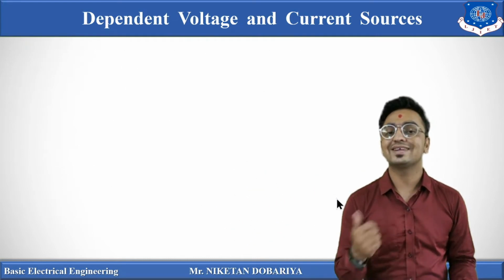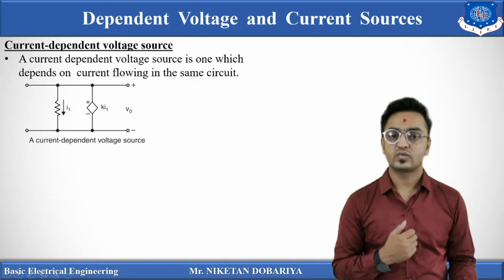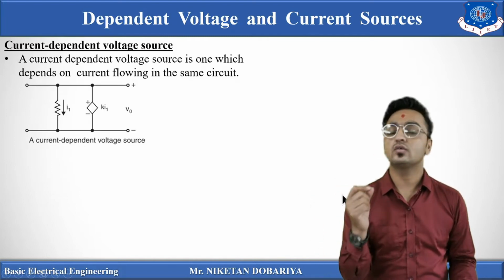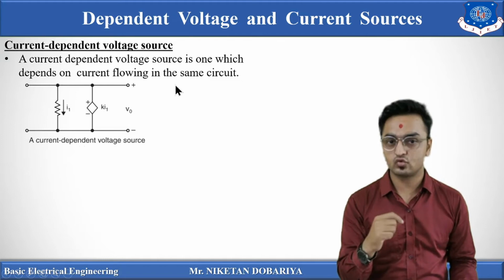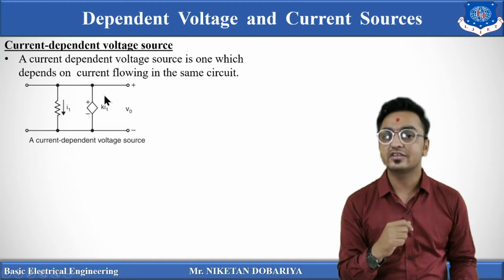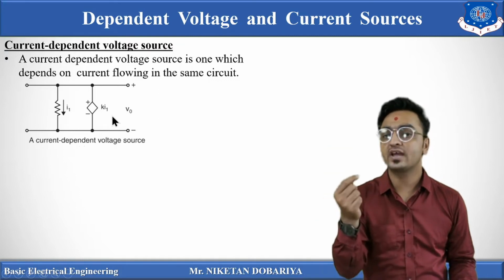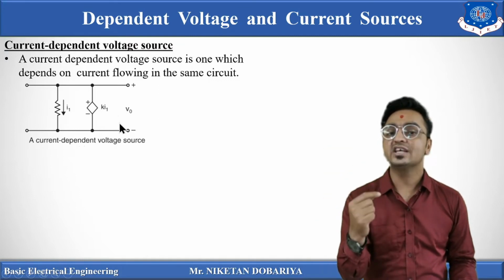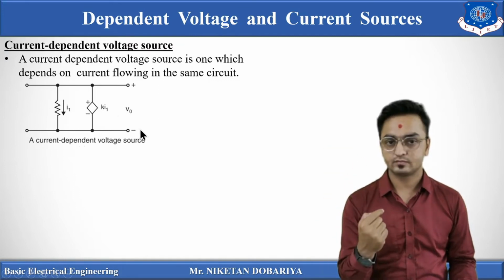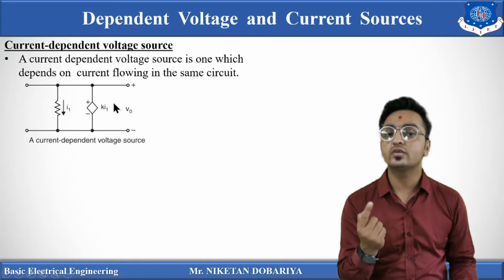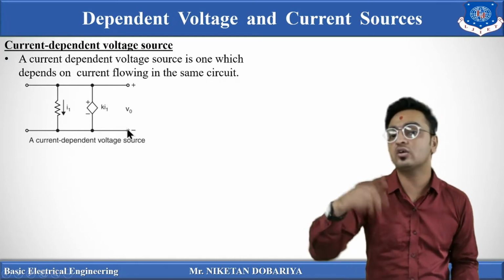Similarly, the next source is the current dependent voltage source. Again, this is a voltage source, so this is the symbol of a voltage source in diamond shape, with a plus or minus sign representing the voltage source. But now the value of this voltage source depends on current.